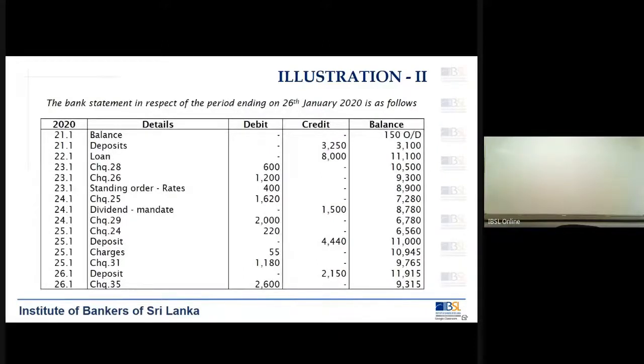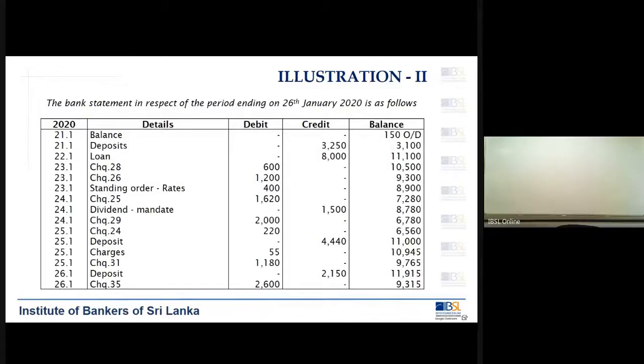Now, actually speaking, what is 21st? Doing the reconciliation as of 26th is not an issue for you. It is very straightforward where you can do the reconciliation for the 26th.